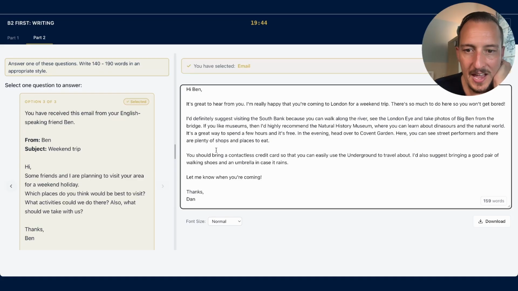Lovely. You should bring a contactless credit card so that you can easily use the underground to travel about. I'd also suggest bringing a good pair of walking shoes and an umbrella in case it rains. Now, you've repeated suggest, but that's okay. You've only repeated it once before. We've used recommend.